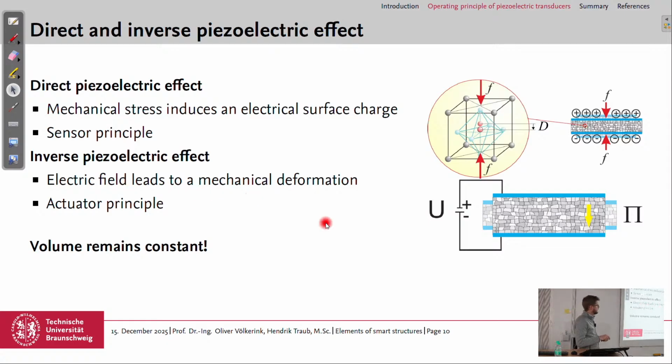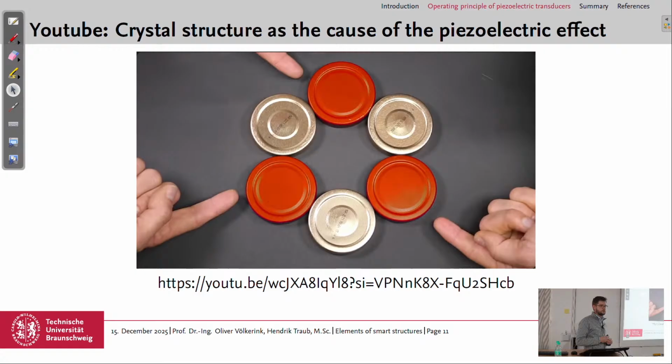So in this case you have electrodes on the piezoceramic, apply a voltage, and then the piezoceramic would deform, and this is the basic principle we use for actuating. So the inverse effect. To learn more about it, you may have a look also at this video.